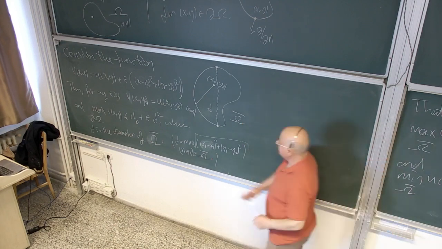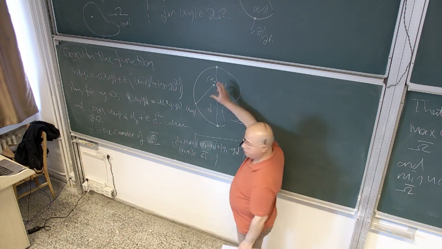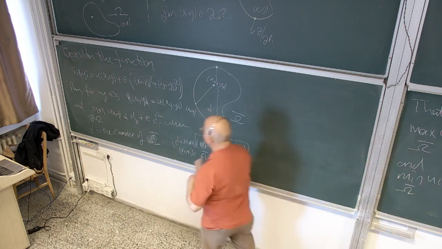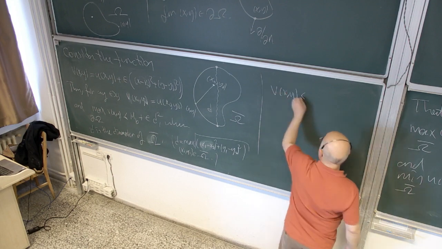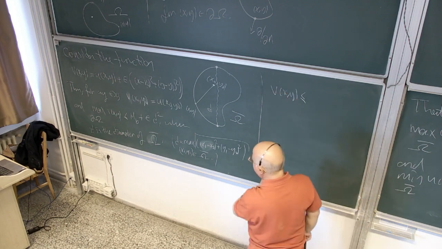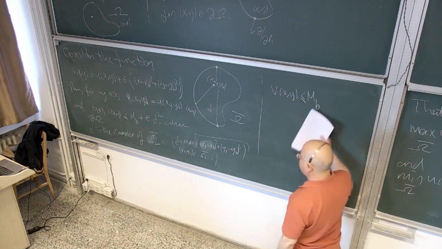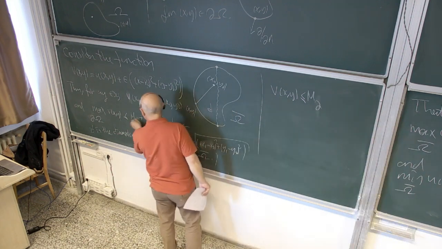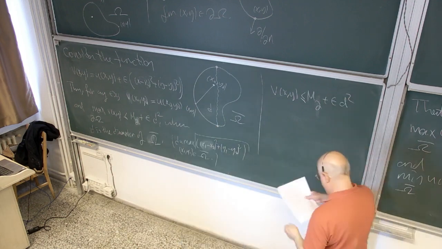Değil mi? Rastgele, you take 2 points arbitrarily and then you look at the distance between them. Peki, o halde bu fonksiyon, so v xy is less than the maximum value of u on the boundary. Pardon, ben bu notasyonu kullandım. On the boundary plus epsilon times d squared. Okay.